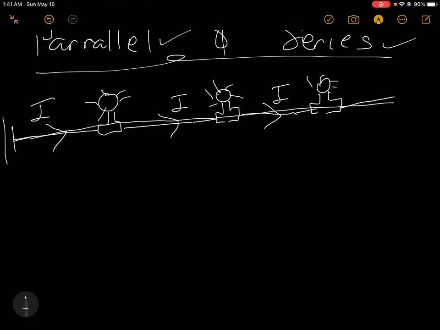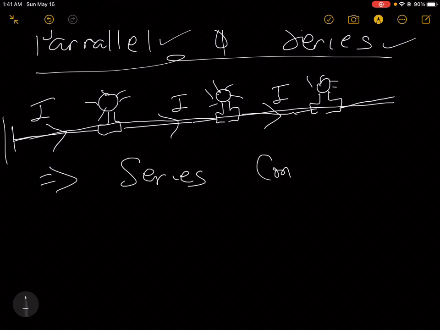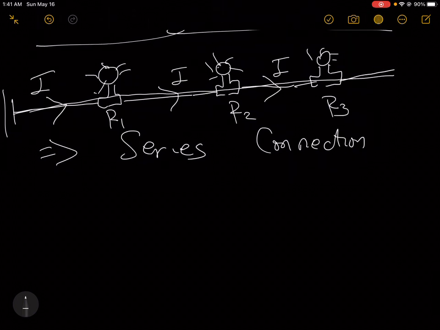Now this kind of connection is referred to as series connection. Let me name these bulbs R1, R2, R3. If I want to resolve these resistors, my total RT will be R1 plus R2 plus R3.